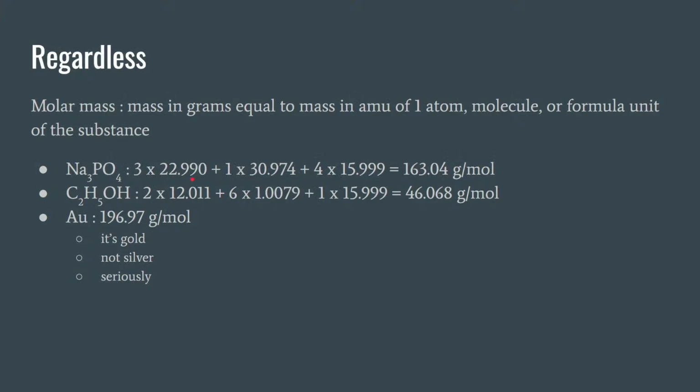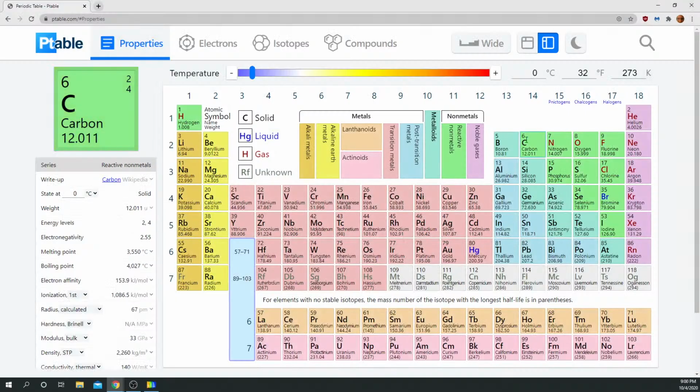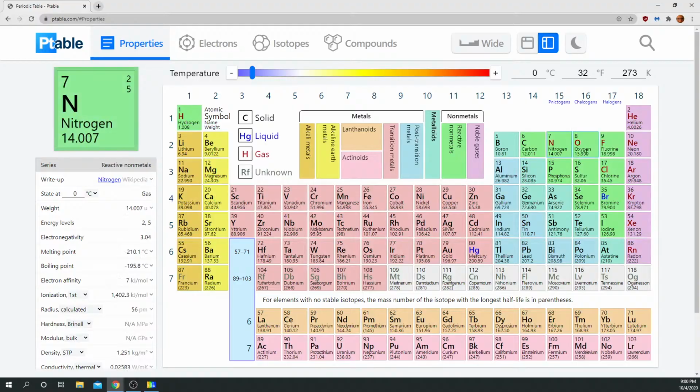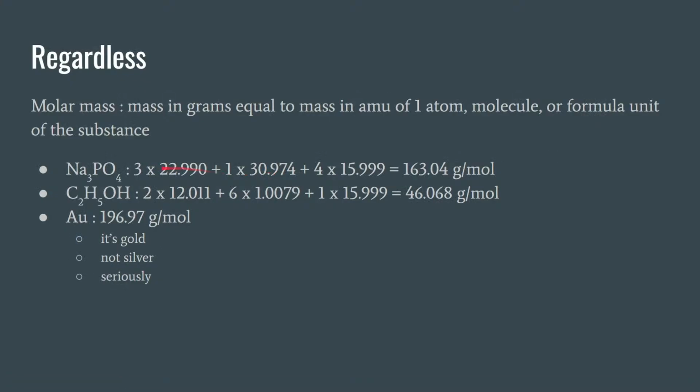So there's 3 of those, so we multiply that by 3. Phosphorus, likewise, over here, 30.974. There's 1 of those. And then we have 4 oxygens, and each oxygen is 15.999. So 3 times the mass of sodium, 1 times the mass of phosphorus, 4 times the mass of oxygen. We add all those together, we get 163.04 grams per mole. That's the molar mass of sodium phosphate.